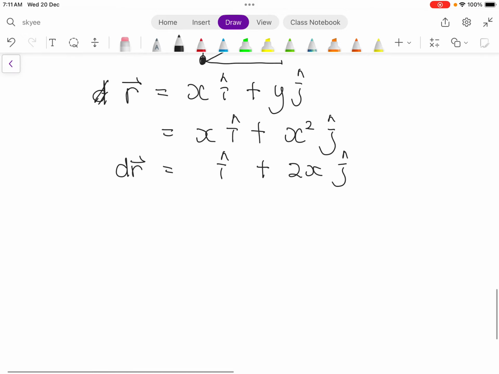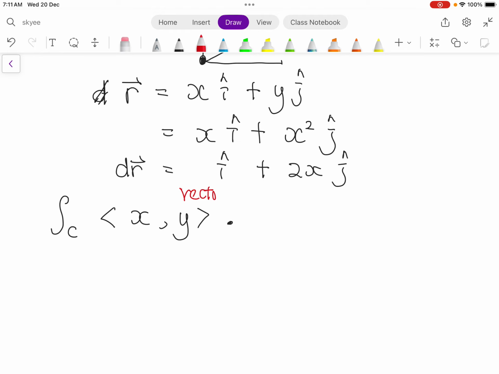So now put it inside the line integrals. I write in this way so that I don't need to write the i and j component. x and y, this is a vector, it's not a coordinate. Please, this is a vector.